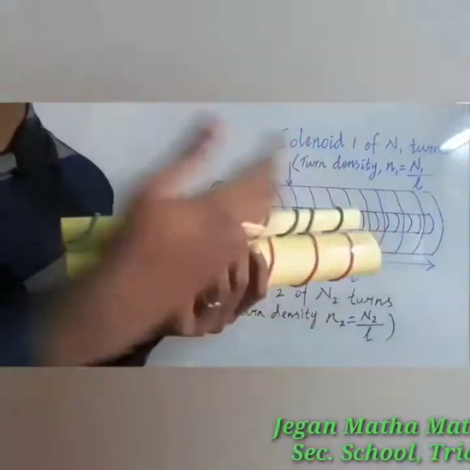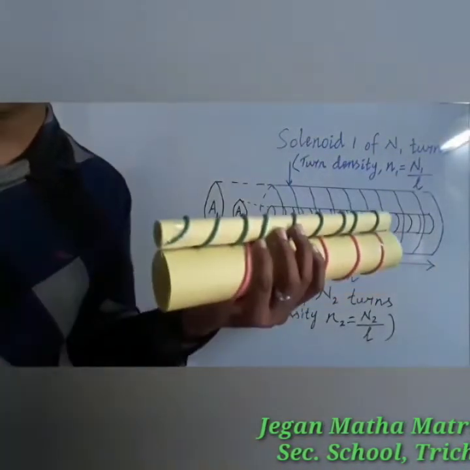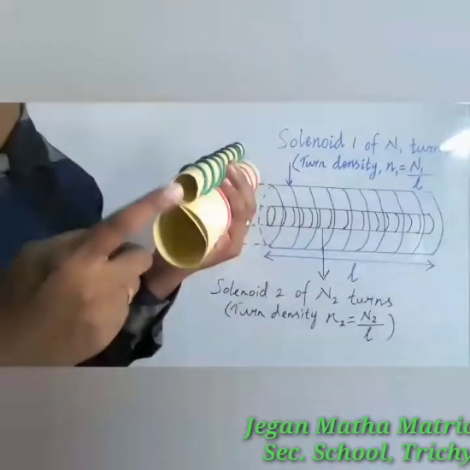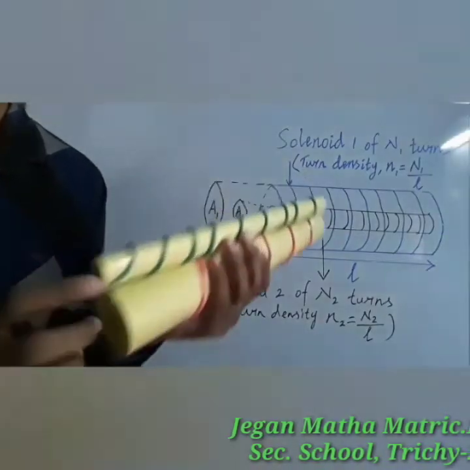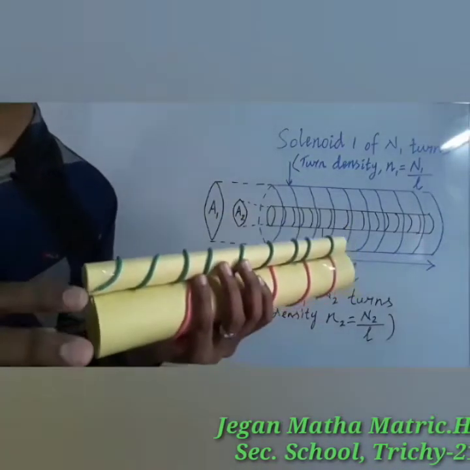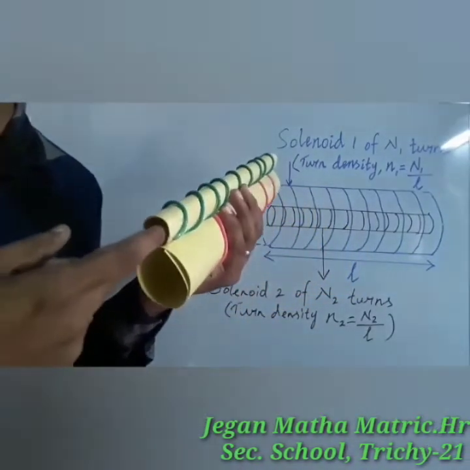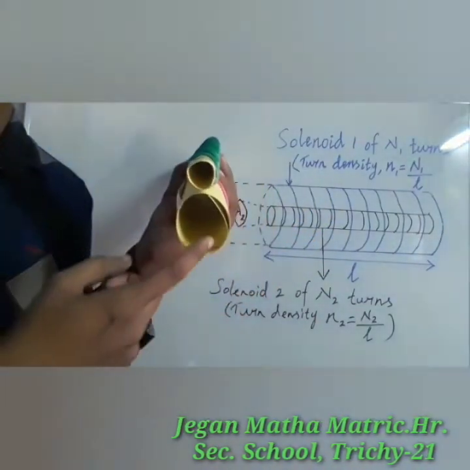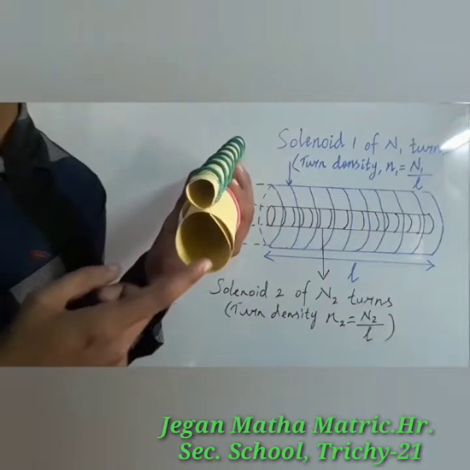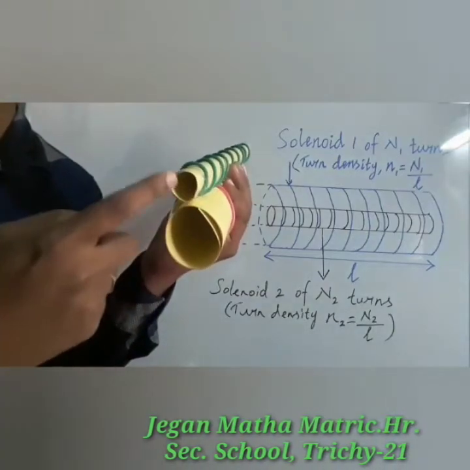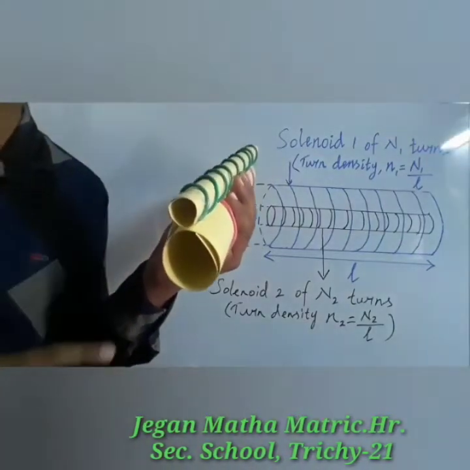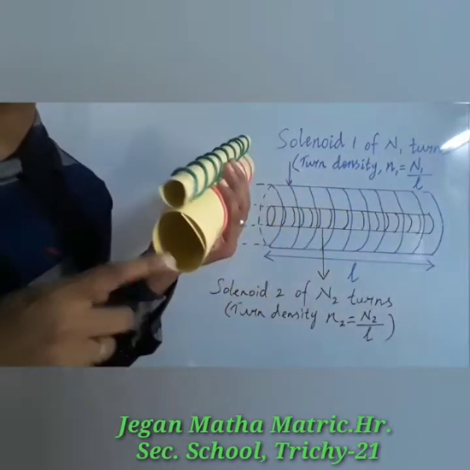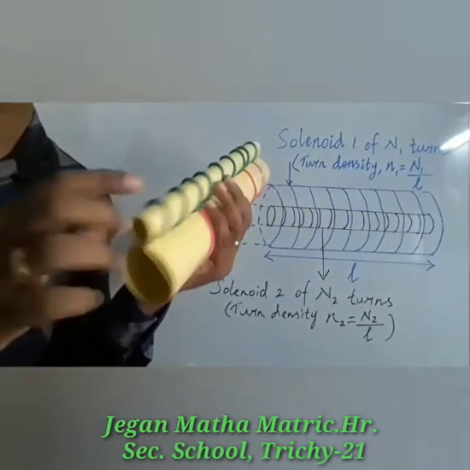The length of the solenoids is larger compared to their radii, so that the magnetic field produced inside the solenoids is uniform. Let A1 be the area of the first solenoid and A2 be the area of the second solenoid. A1 is greater than A2.